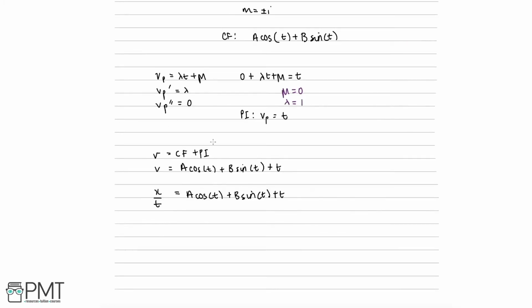And thus we can find an equation for x by multiplying both sides by t. So we have x is equal to t multiplied by a cos t plus b sine t plus t. And this is our answer, because we found an equation for the displacement in terms of t.